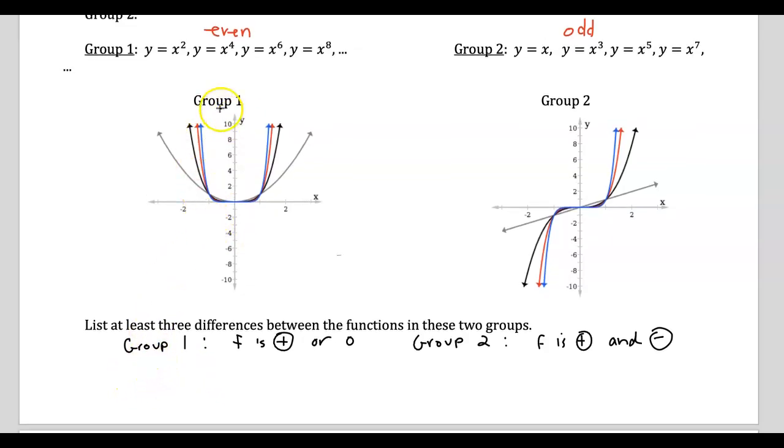Another thing I notice about group 1 is that it has a symmetry with respect to the y-axis. So not only are they even powers, they look like even functions, right? They're symmetric with respect to the y-axis.